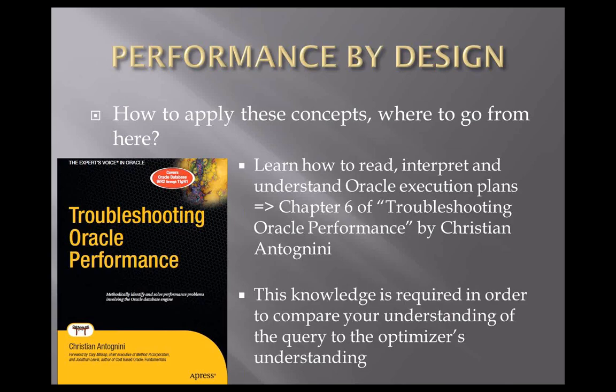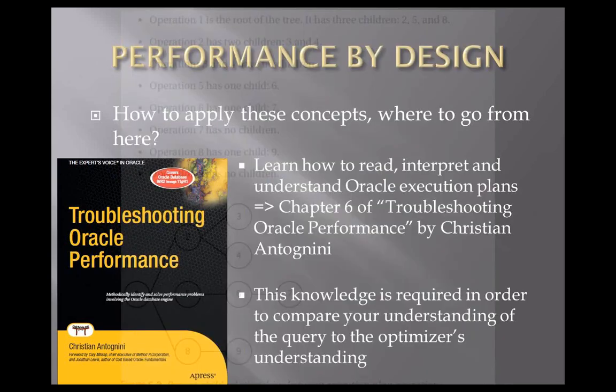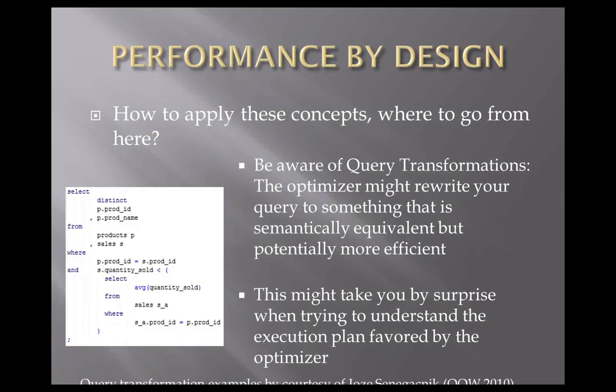So that is a very important point, to see what the execution plan actually tells you. Christian does a very nice job here. As I said, I think it's the best description I've seen so far, and once you have gone through this, you will be able to read any kind of complex execution plan, no matter how complex it is.